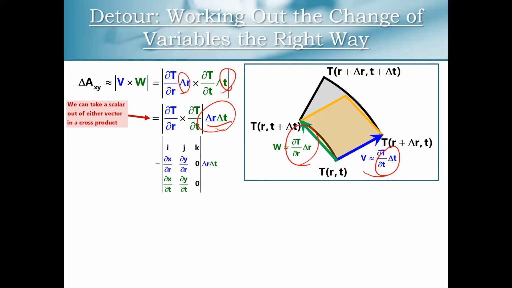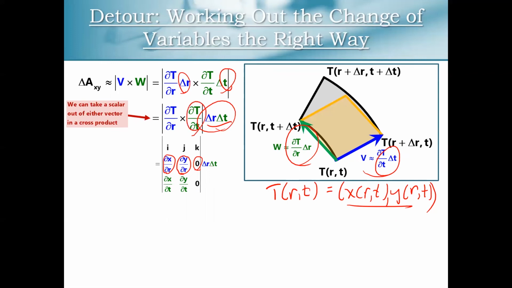Well, remember that my transformation, T of r,t, was equal to x of r,t, comma y of r,t. So the partial derivative here, dT dr, we could describe as dx dr, dy dr. Now this vector only has two components, so for the third one, to make this cross product work, we have to put a 0 there to embed it into three-dimensional space.